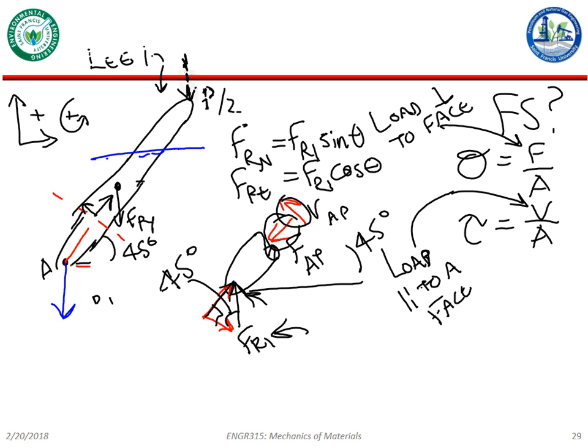So if I ignore the rest of this and look at just my little section, in order to balance the normal and tangential components of that, those have to be my reaction loads, right? So this section, speaking of its normal force, is in what? Tension or compression? Tension, right.